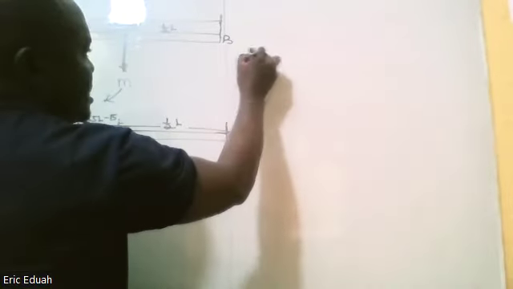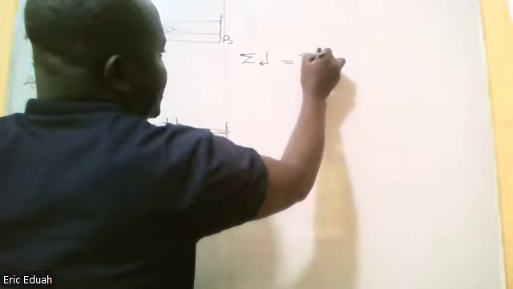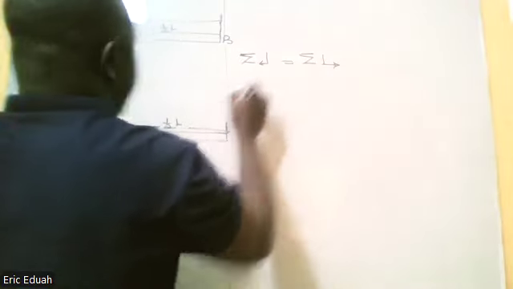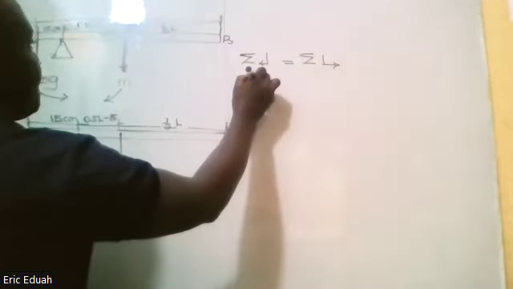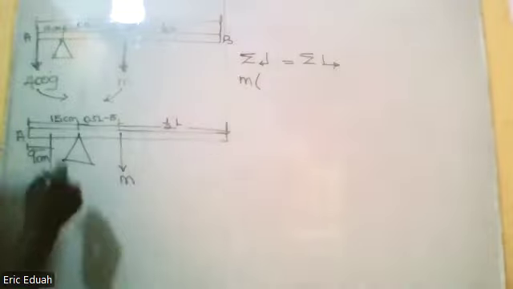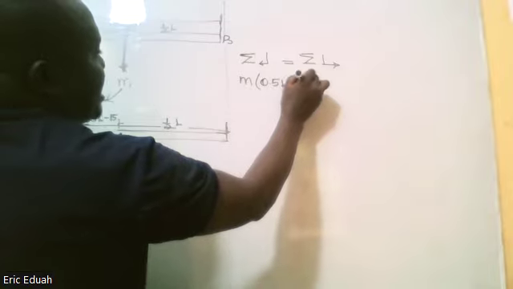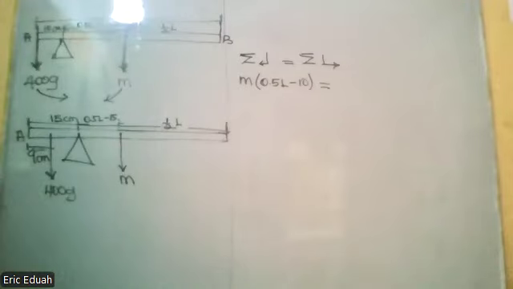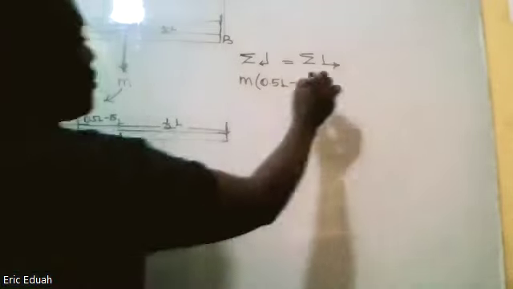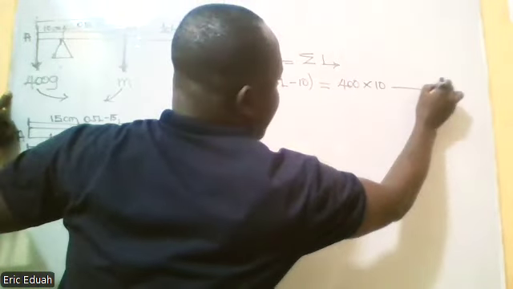Sum of clockwise moments is equal to the sum of anti-clockwise moments. Clockwise moment must be M times the perpendicular distance, 0.5 L minus 10. Then anti-clockwise moment, 400 times 10. This is equation 1.